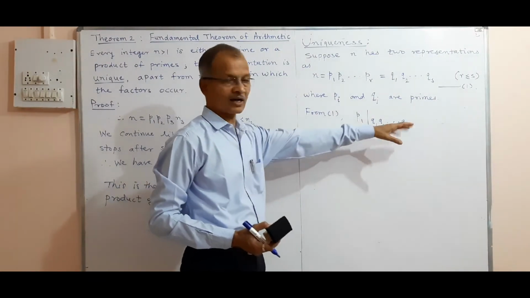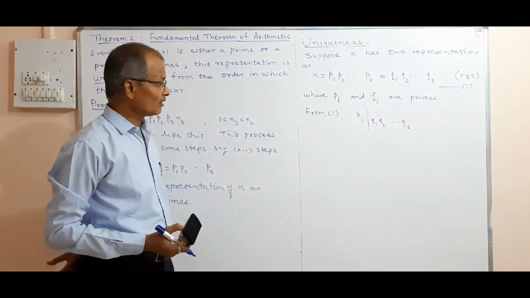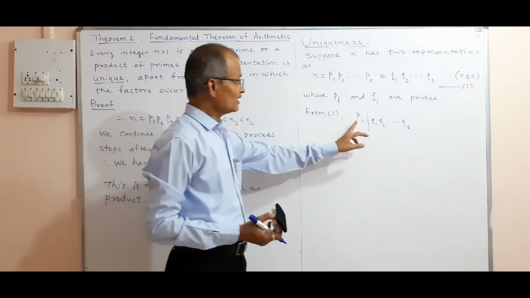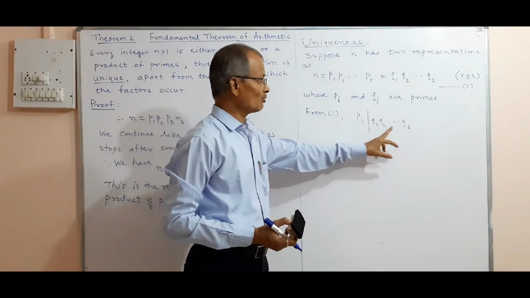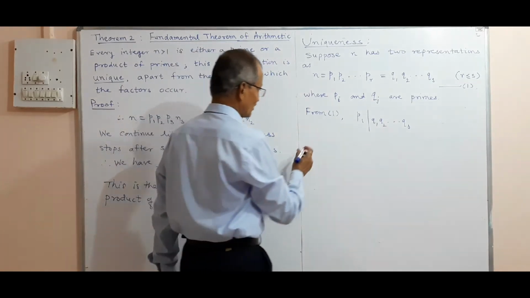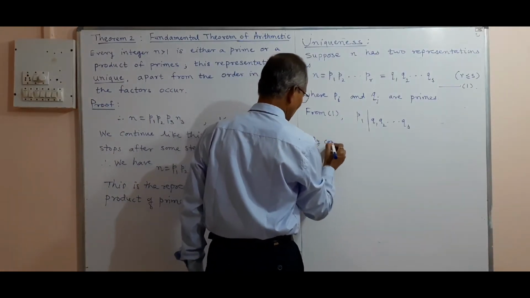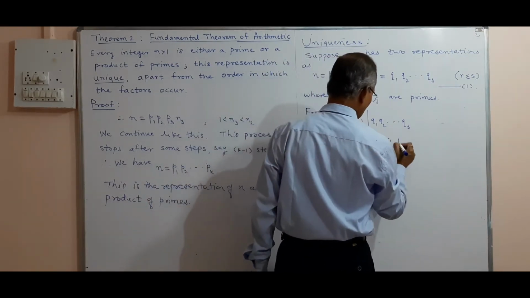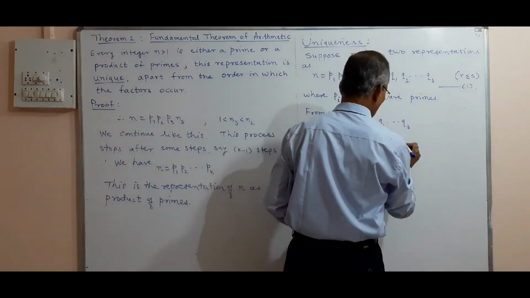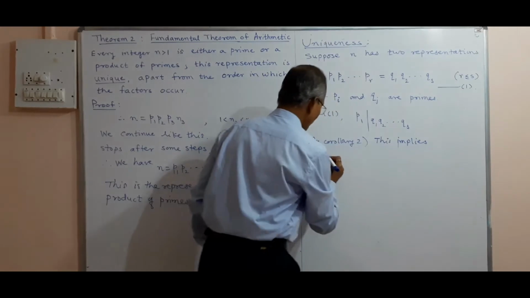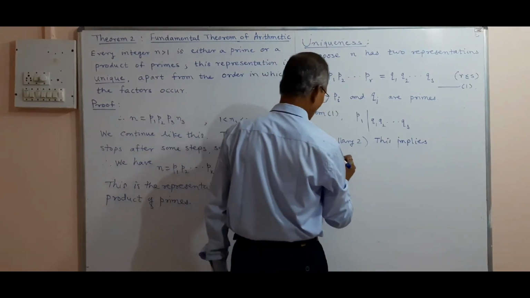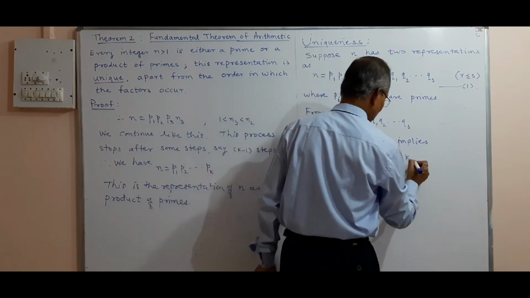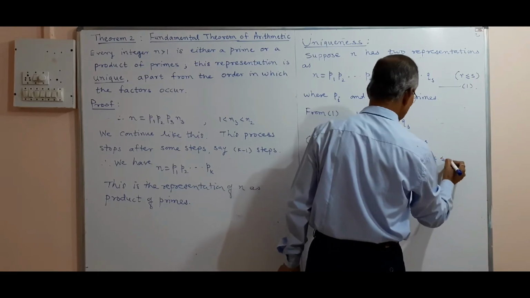We now apply the second corollary we proved last time: as these are primes, p1 must be equal to one of these factors. Then by corollary 2, this implies p1 is equal to qk for some k, 1 less than or equal to k less than or equal to s.